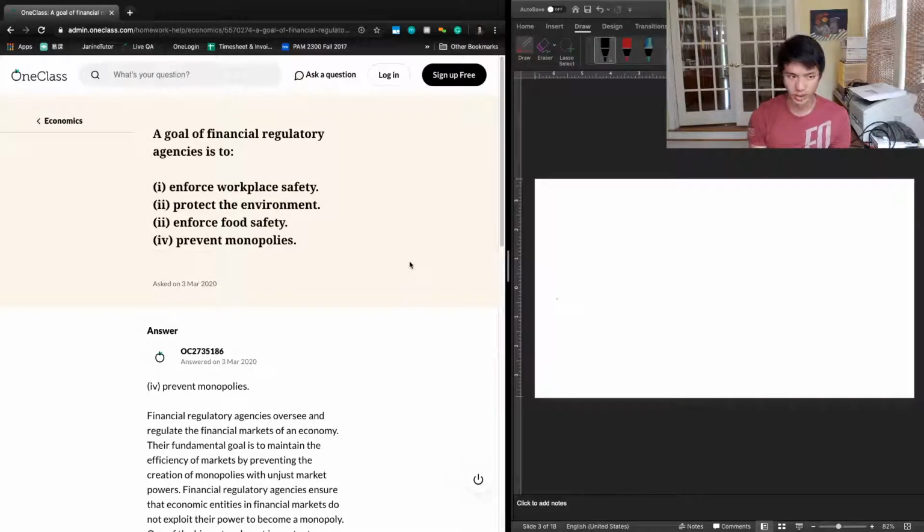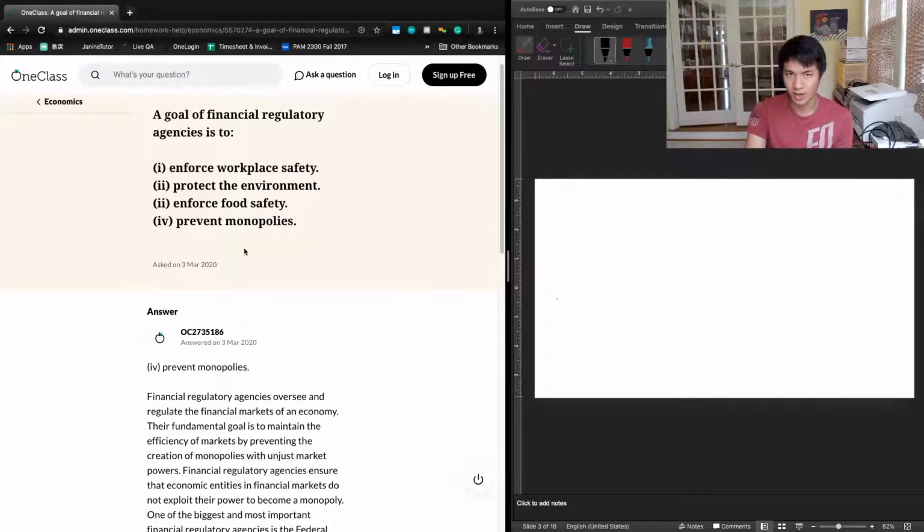And that's very true. You have organizations like the Federal Trade Commission or the Securities and Exchange Commission, which regulate banks and different industries to ensure that they do not take too much market share in those industries to create monopolies. And there's a lot of examples of that happening.